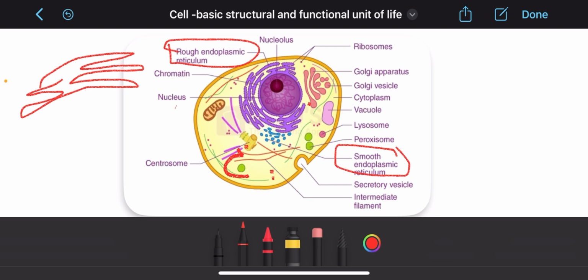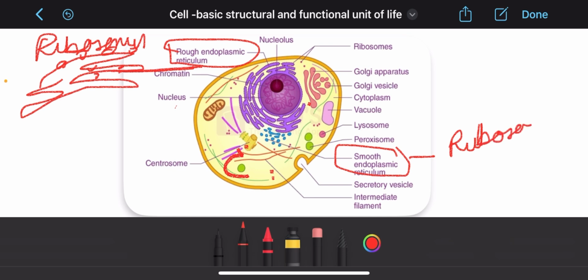And if the ribosomes are attached to the surface of the endoplasmic reticulum, then it is termed as rough endoplasmic reticulum. And if there are no ribosomes, then it is smooth endoplasmic reticulum.